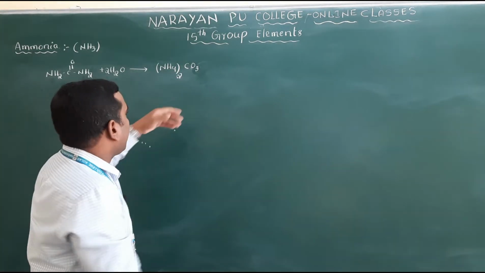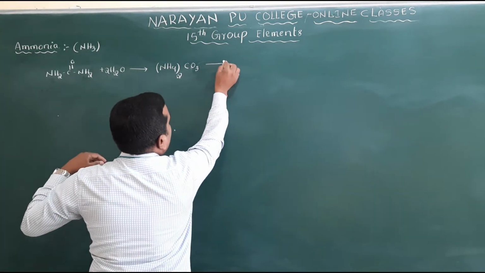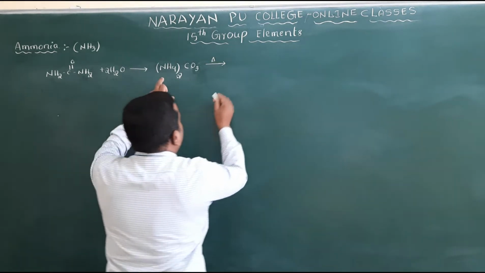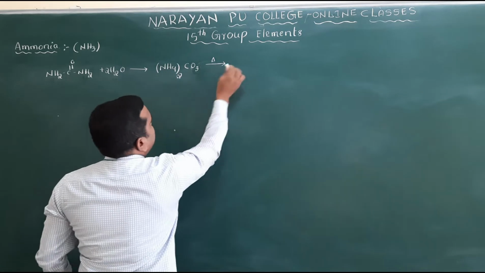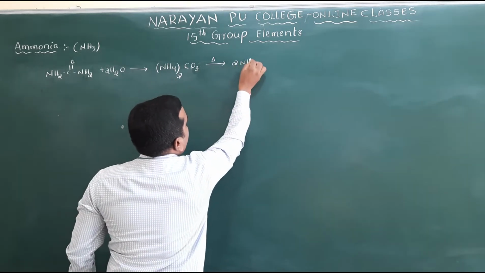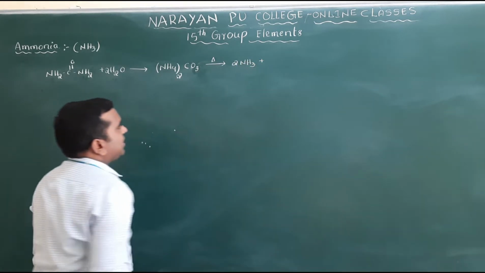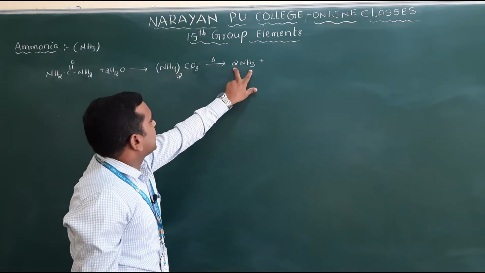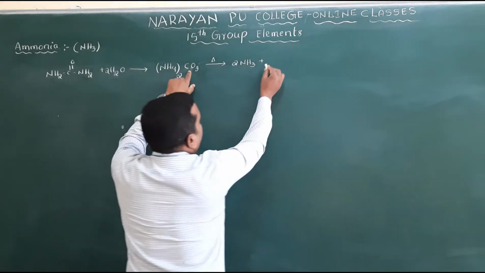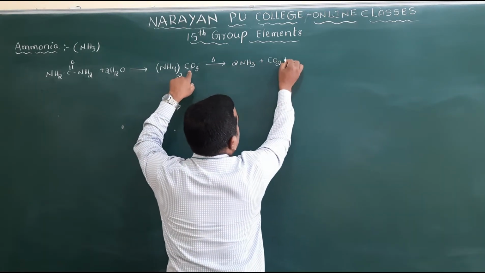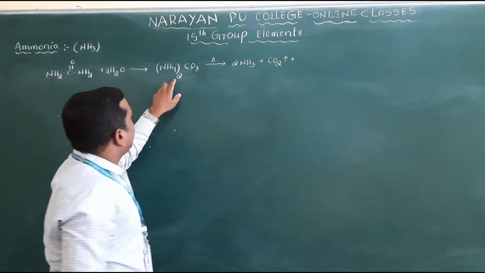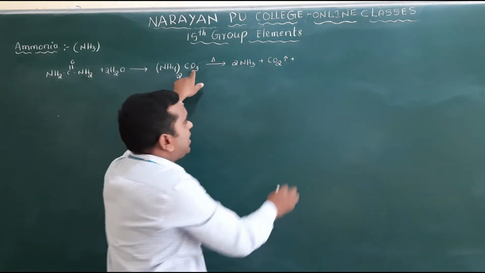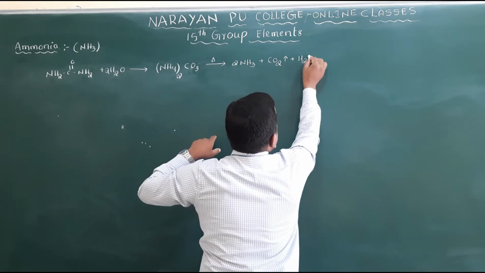This ammonium carbonate further decomposes. If you heat this, it decomposes and gives ammonia. You get 2 NH3, and of the total 8 hydrogens, we used 6 hydrogens. And CO3, when you heat, gives carbon dioxide gas, and the remaining 2 hydrogens with 1 oxygen give H2O.